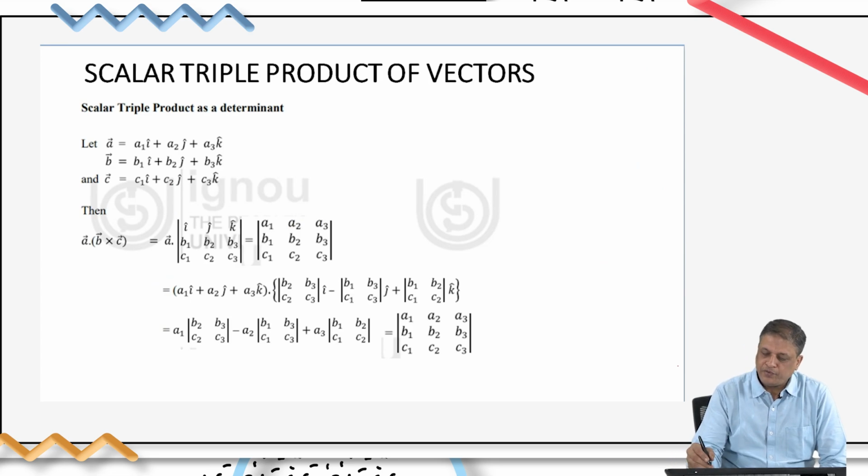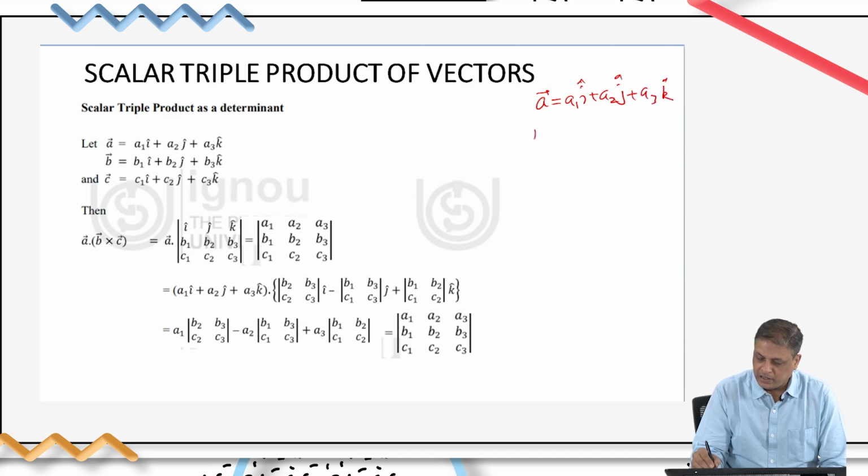Now, as we had already learned, if we are given vector A as A1 i plus A2 j plus A3 k and B as B1 i plus B2 j plus B3 k, then A cross B is given by the determinant with rows i, j, k, A1, A2, A3, B1, B2, B3.